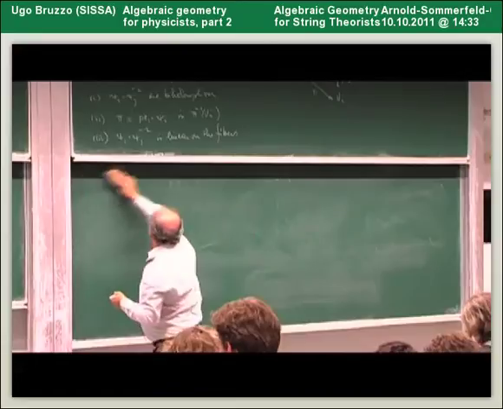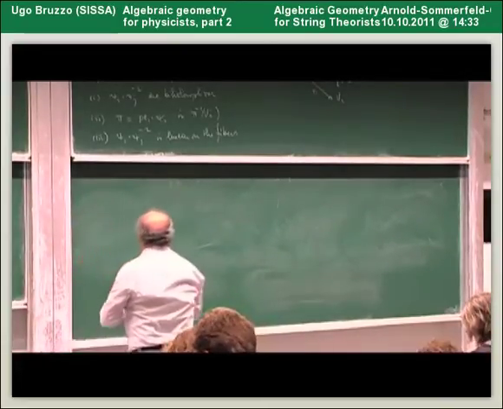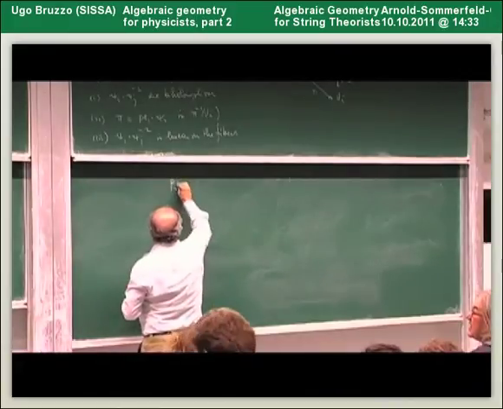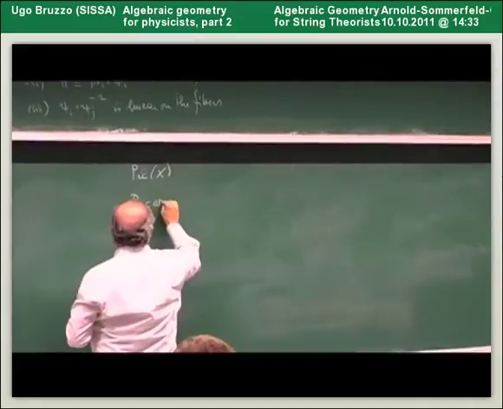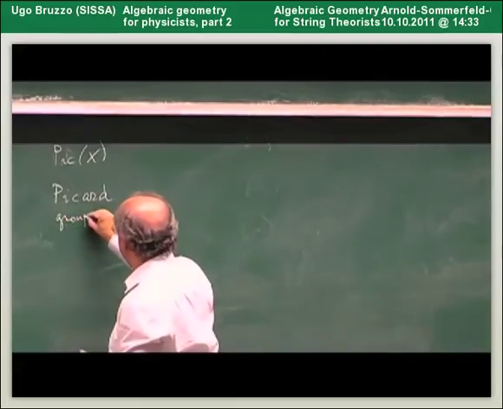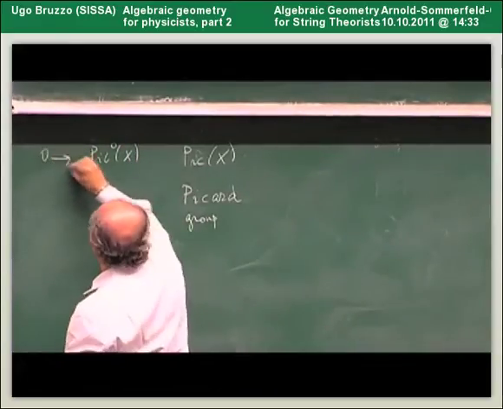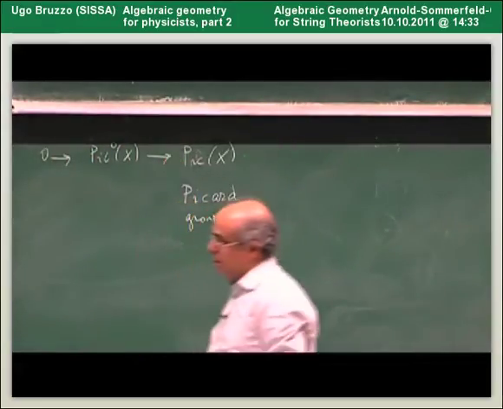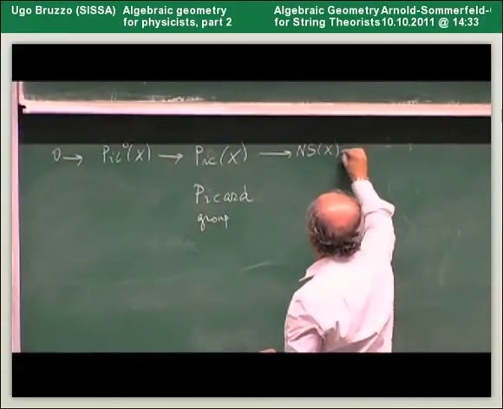So the second term of that sequence will be the Picard group, where Picard is spelled in this way. The quotient we start this sequence with, we call Pic 0. And here we write the image, the Néron-Severi group.